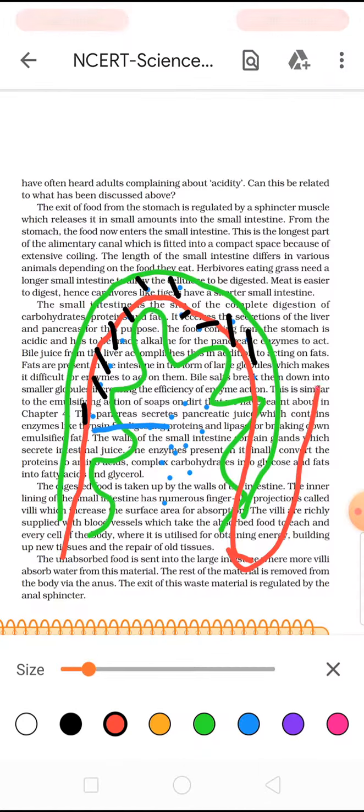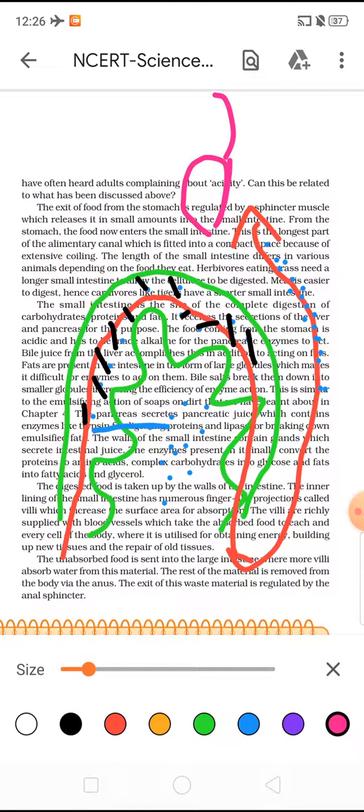And what will this blood capillary do? It will circulate into your whole body. Blood capillaries means the arteries we are talking about. So this will circulate in your whole body. When it is circulating in your whole body, at that time all the material which is there inside that blood will be given to the cells.